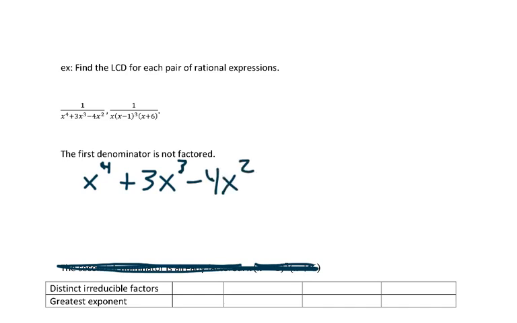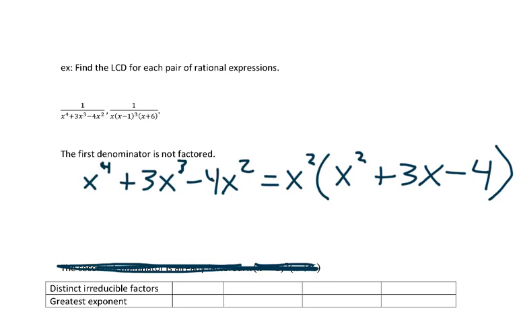Notice the smallest power of x is x squared, so we can factor that out. Now the question is, what's left over? We're going to have here x squared, plus 3 times x, then minus 4.